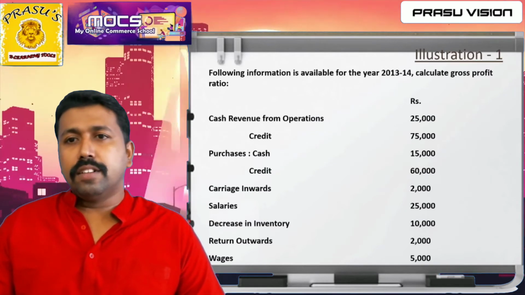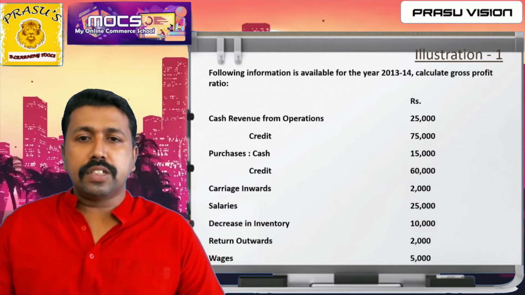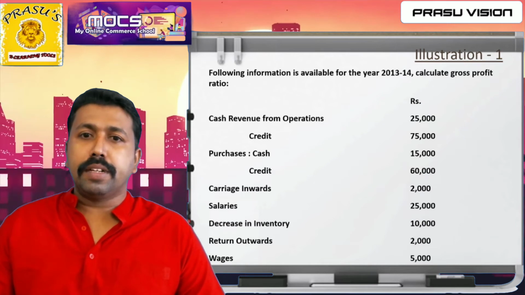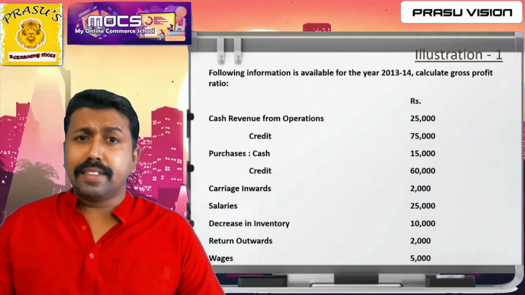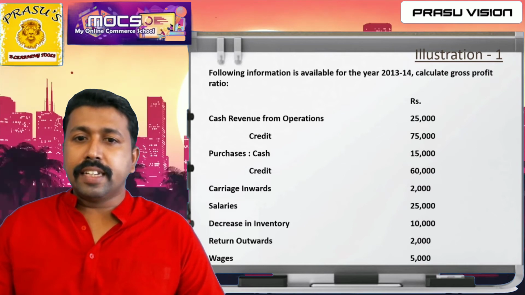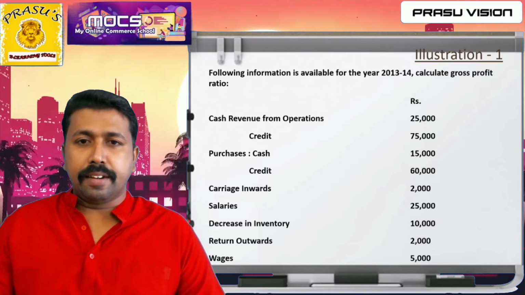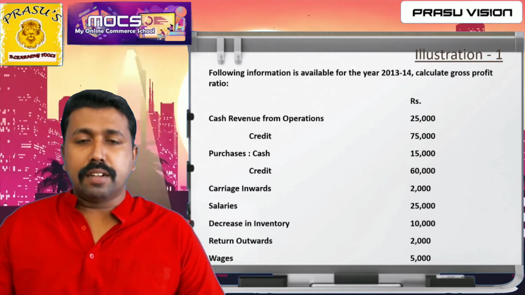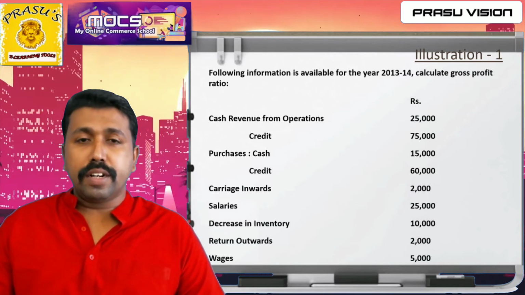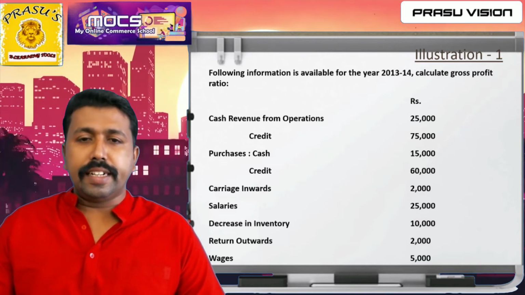So keep in mind, moving to the first problem, from this information, cash revenue from operation is there, credit revenue from operation is there, cash purchase and credit purchase, carriage inward, salary, decrease in inventory, return outward, wages are there. Most of the information is important for the calculation, but items like salary are not needed.